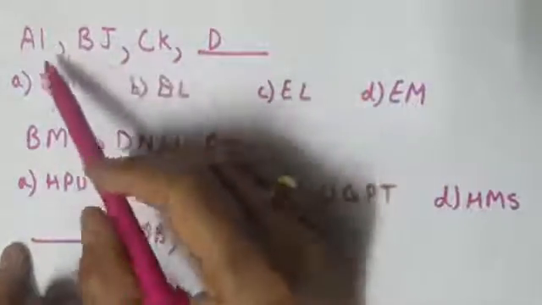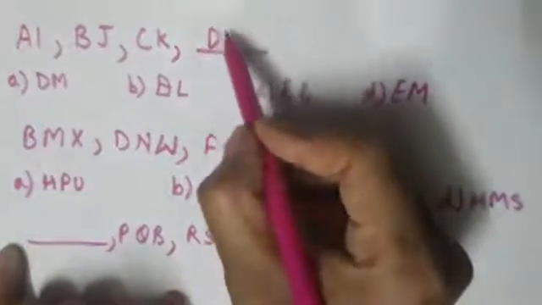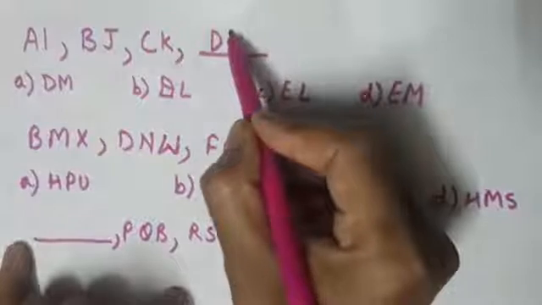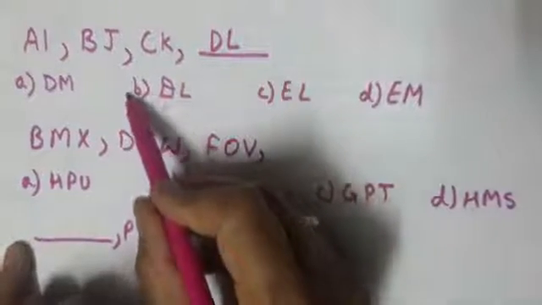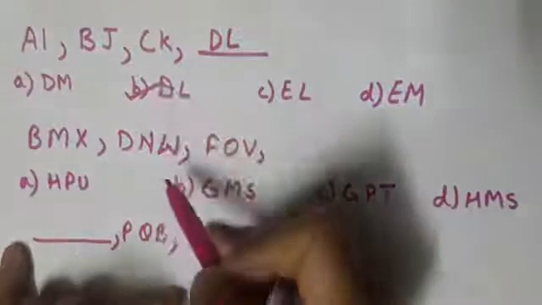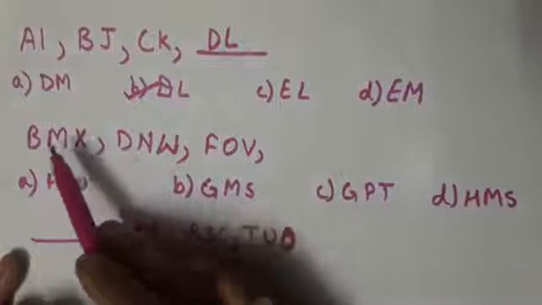Now we will check the second one: I, J, K. So the next letter will be L. After K, L will come. So our answer will be DL. I hope you understood.